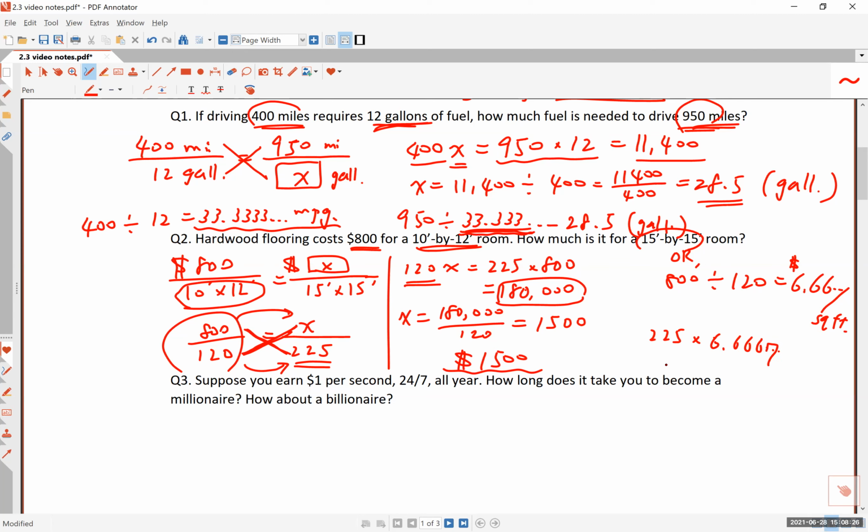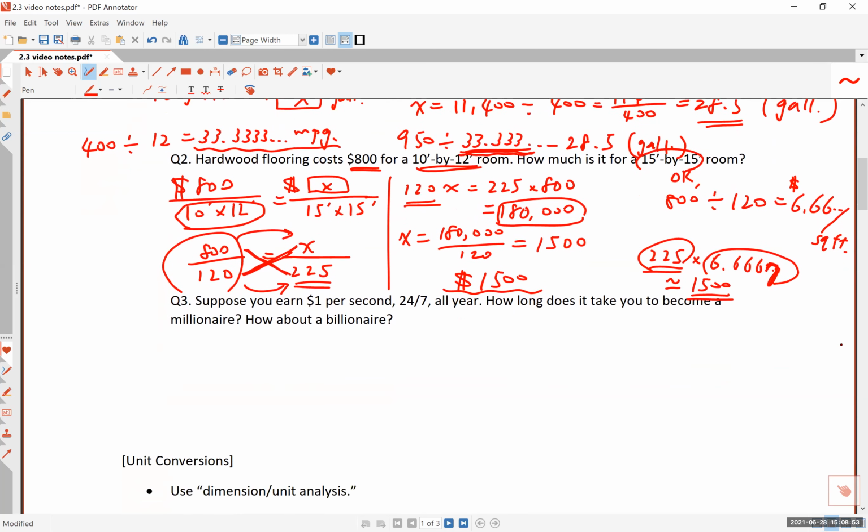But anyway, if you do that, you will get an approximate number, because you had to approximate this last part, but you will get about 1,500. Or you can guess 225 times 6, but that's going to be close to $1,400, or you can just multiply these on your calculator and you get $1,500 as your answer.